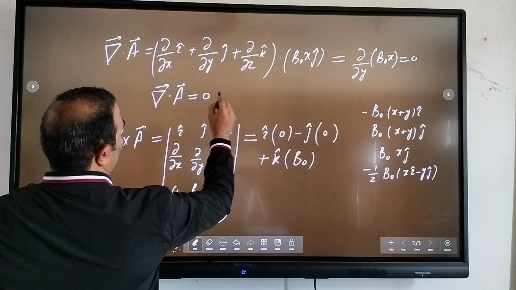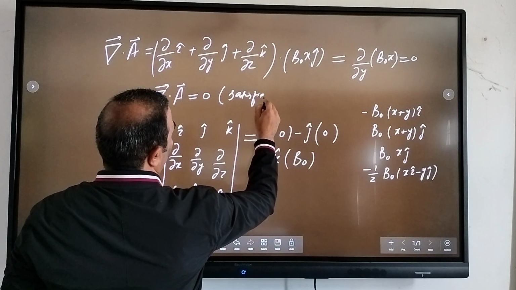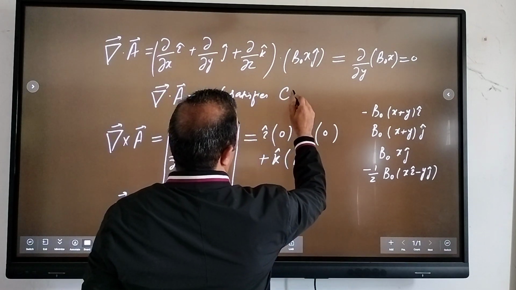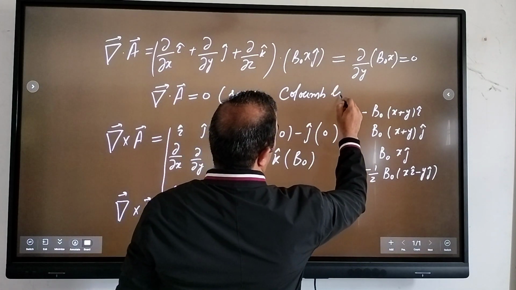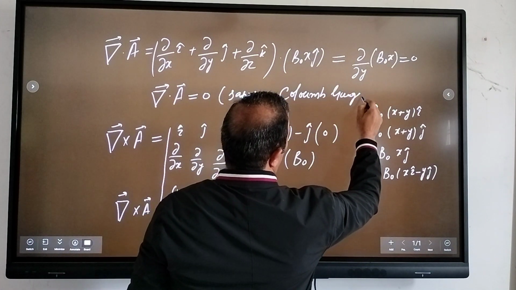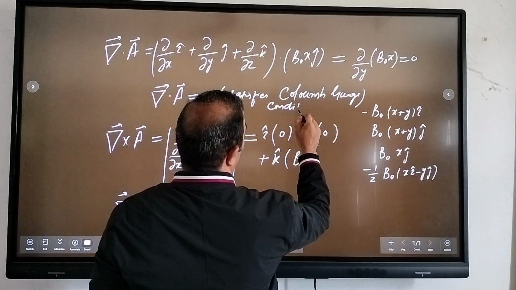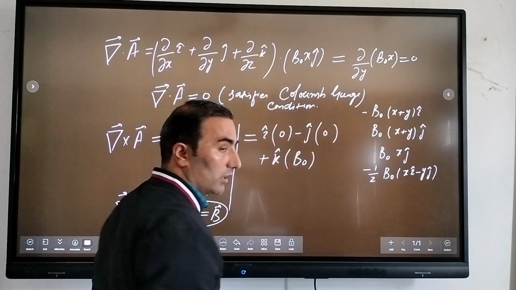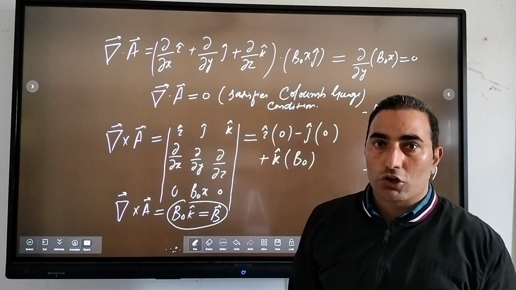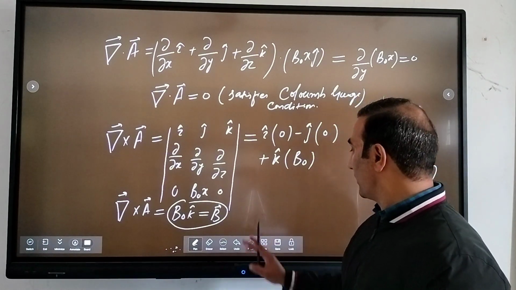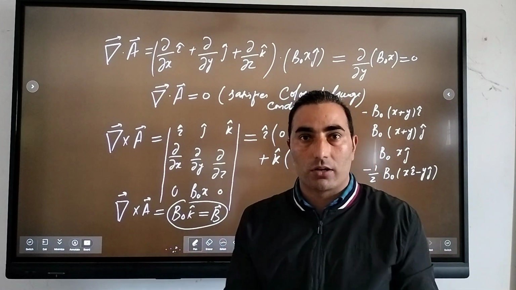So that means it satisfies the Coulomb gauge. So that means this is the correct vector potential that we can choose, so that our magnetic field, that is B equal to B naught K, remains uniform, it prevails over all space, right?